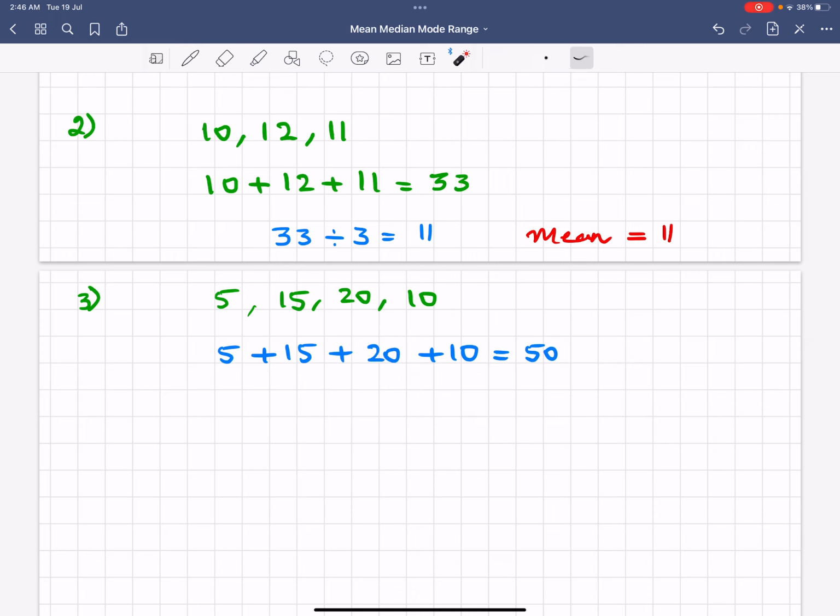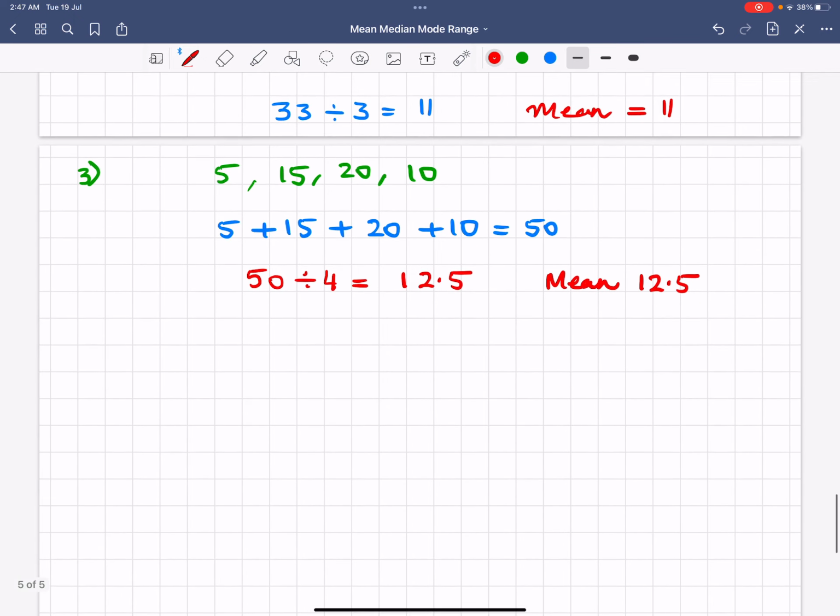And how many numbers do we have here? 1, 2, 3, 4. We have 4 entries. So we divide 50 by 4. That gives us 12.5. Alright. So the mean is 12.5.